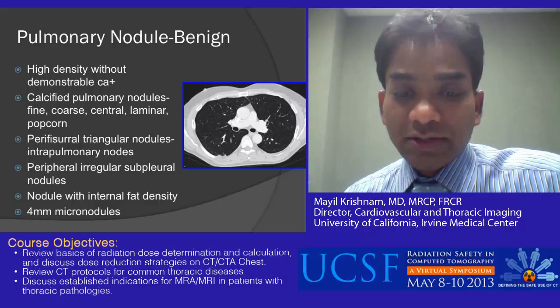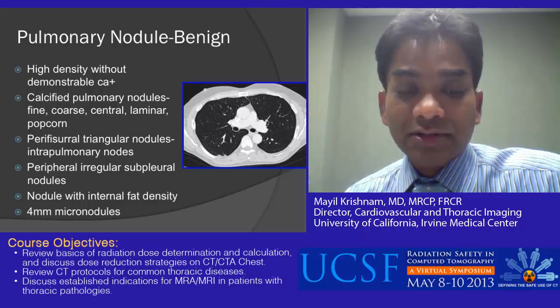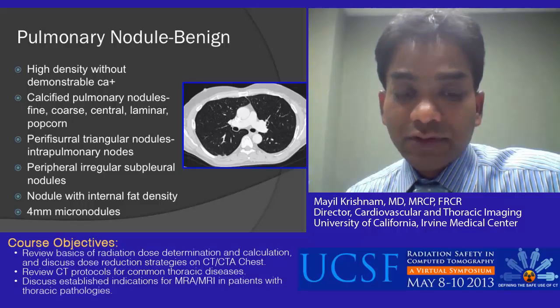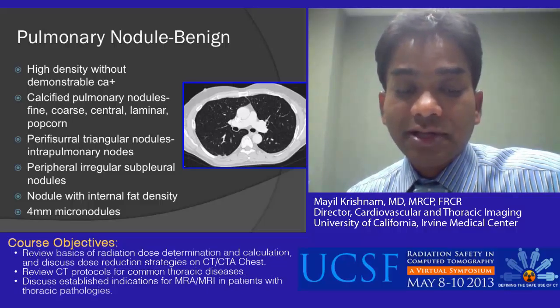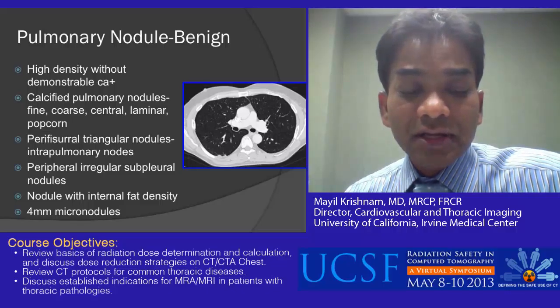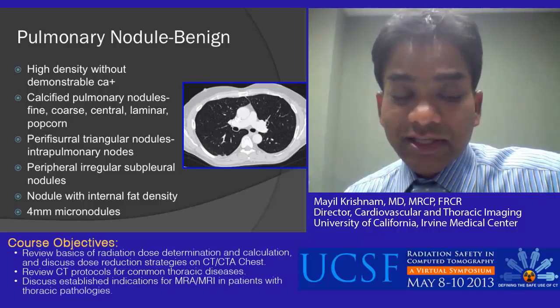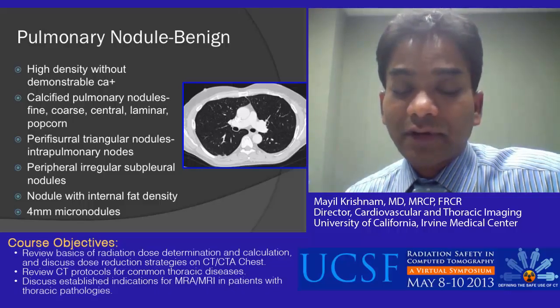Calcified pulmonary nodules, of course, then peripheral triangular nodules or intrapulmonary lymph nodes, they do not need further follow-up. Peripheral irregular subpleural nodules or pleural tetherings, as you see on this image on our right. Nodules with internal fat density and micronodules even up to 5 mm do not need further follow-up.